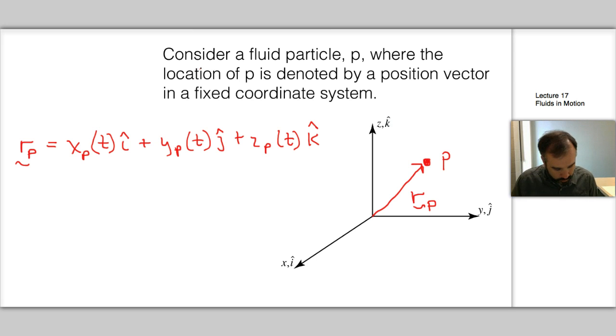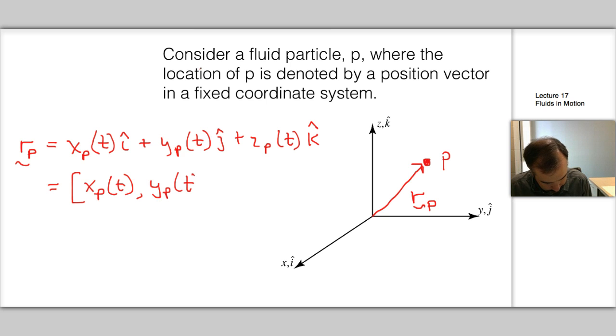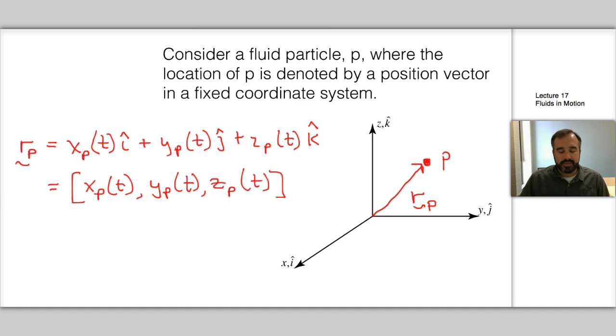Okay, and we can write that more simply in vector notation as just the bracket x_P(t), y_P(t), z_P(t). Okay? And once we define that position vector, it's pretty straightforward to define our velocity vector, okay?